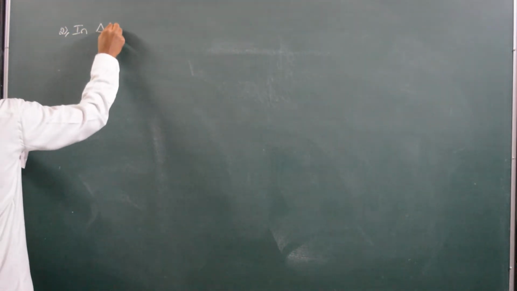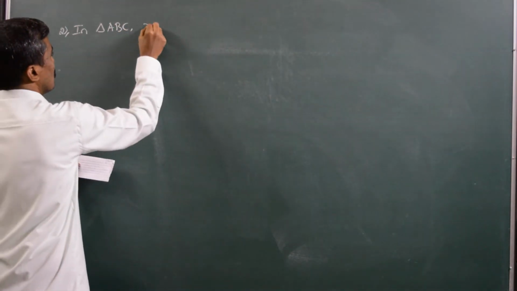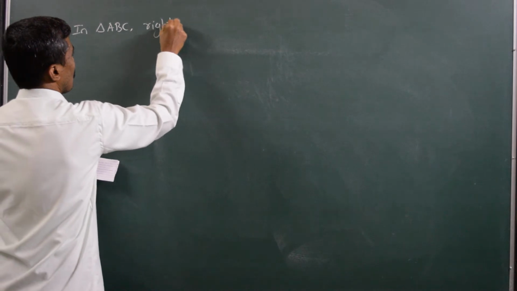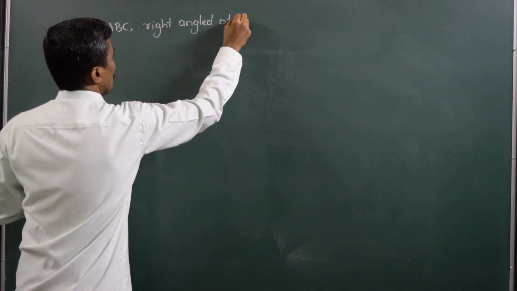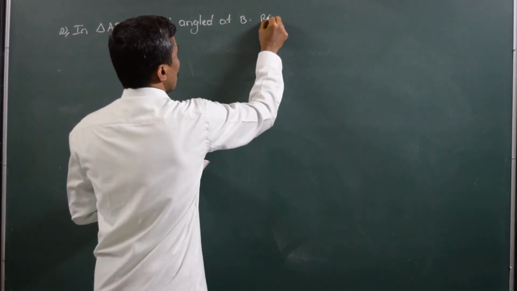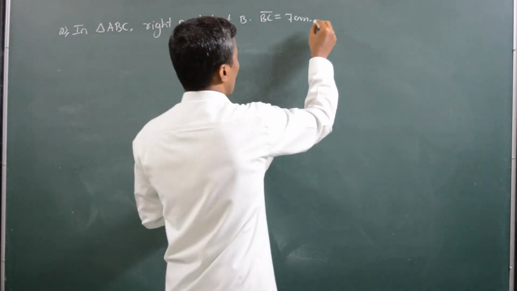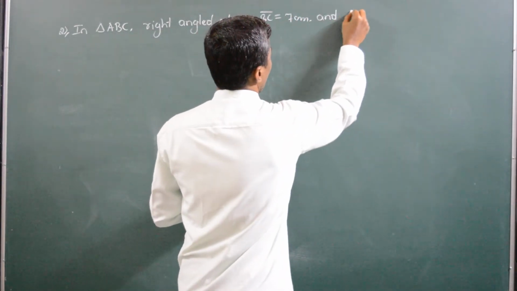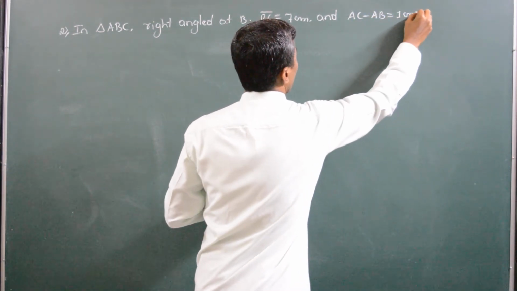In triangle ABC, right angled at B, BC is equal to 7 centimeter and AC minus AB is equal to 1 centimeter.